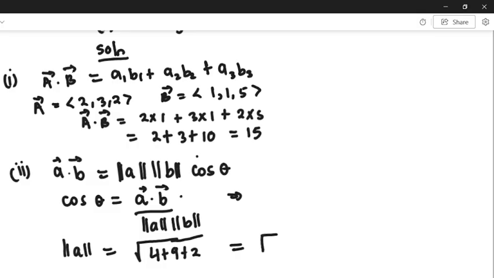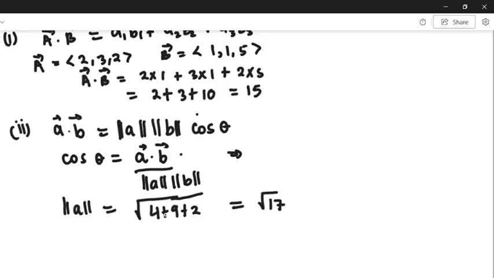That's how we get the magnitude. So we're going to get root 17. And now the magnitude of B, which is the root of 1 plus 1 plus 25. You're getting root 27.